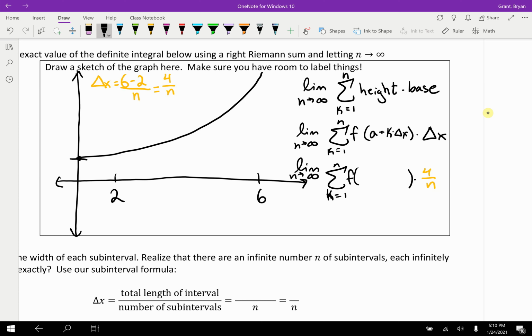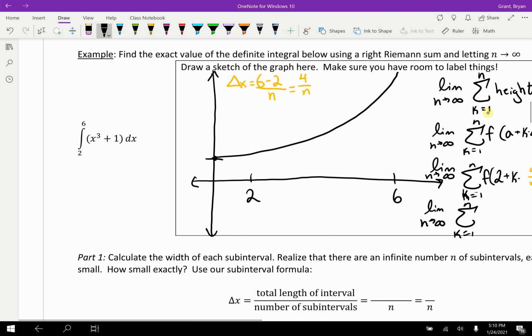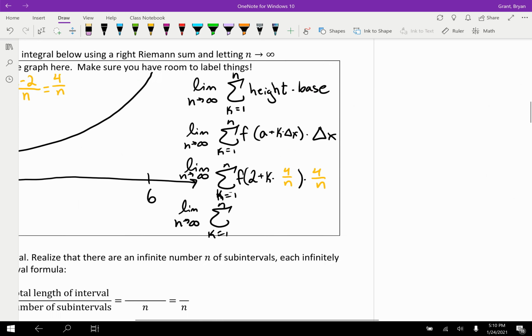We know a, the start of the subinterval, is 2. k is just an unknown number, right? k is going to increase every time. And then delta x over here, we just found that. That's 4 over n. Very exciting. Okay. Last but not least, I told you it's pretty quick. We're just going to take this f of whatever, and substitute this into our equation, x cubed plus 1.